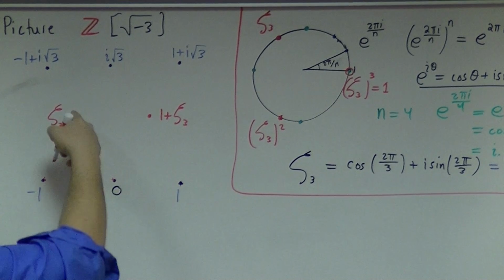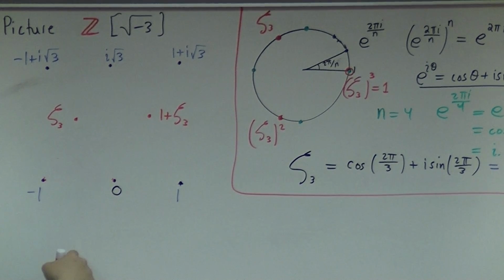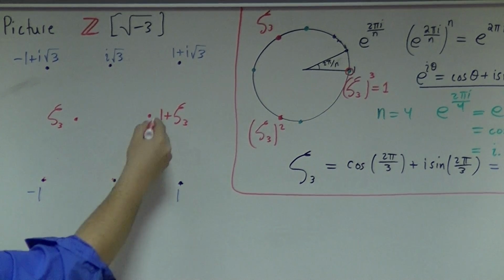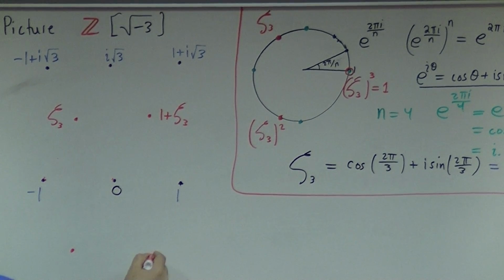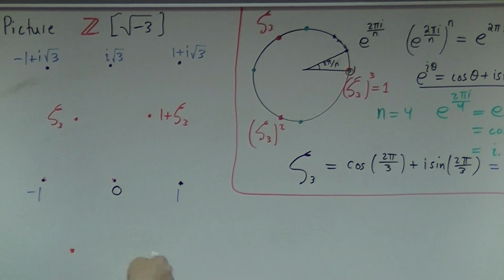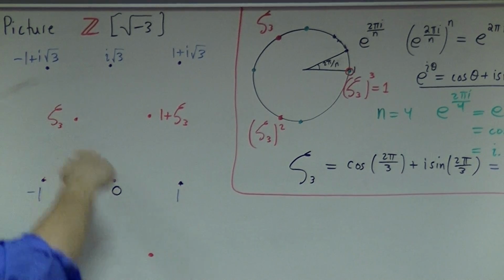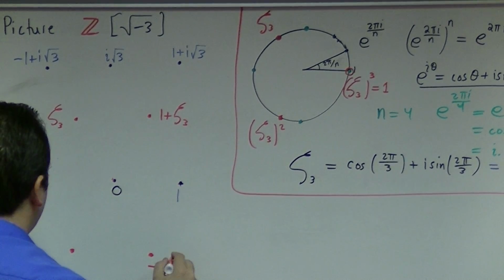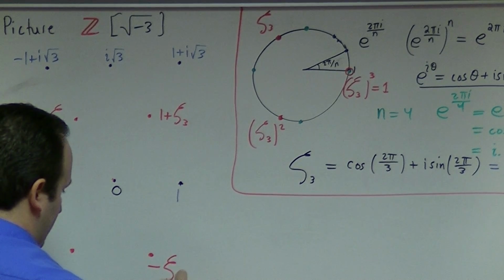Centered around 0, you also have this one down here, and you have this one. What are these points? If you go to the other side of the origin, through the origin, it's minus C3.